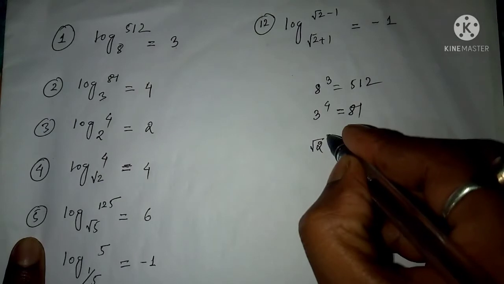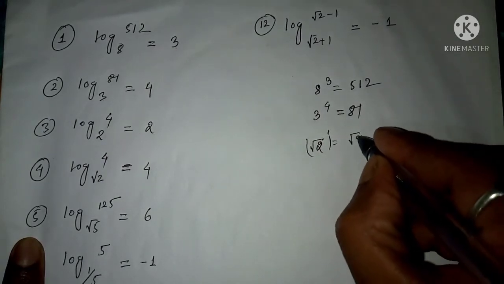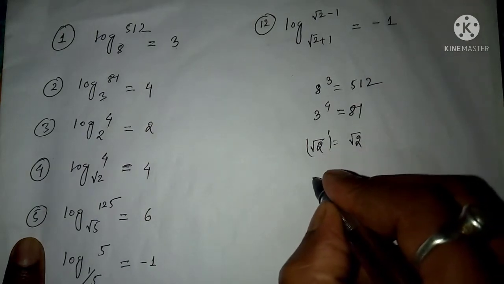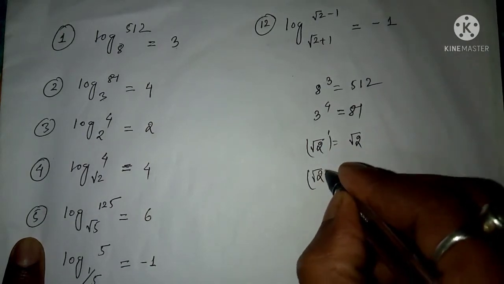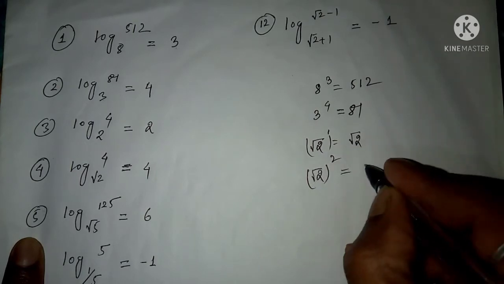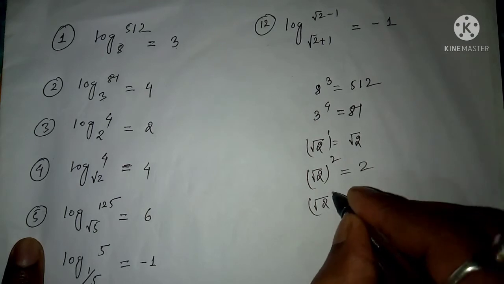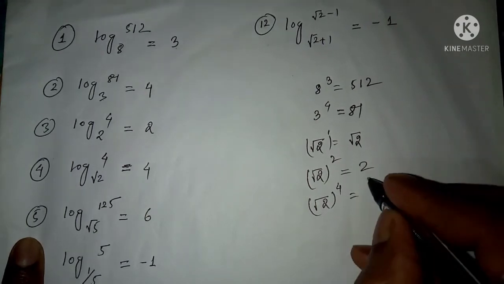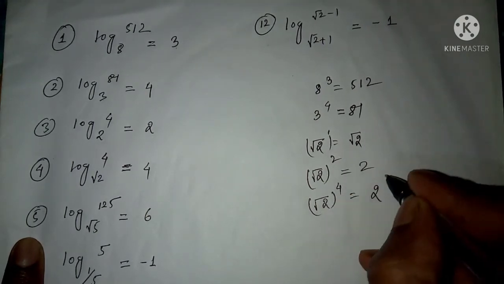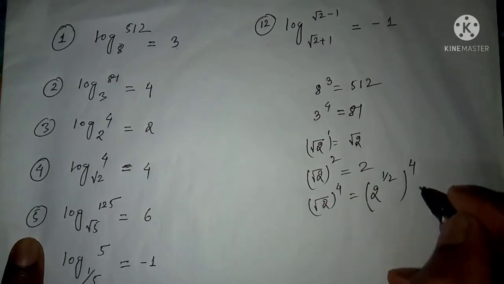If you write power as 1, then you will get root 2. If the power is 2, then the 2 will cancel out the square root, and your answer will be 2. But if you write 4 here, then the square root means half, and over this 4 will be here.